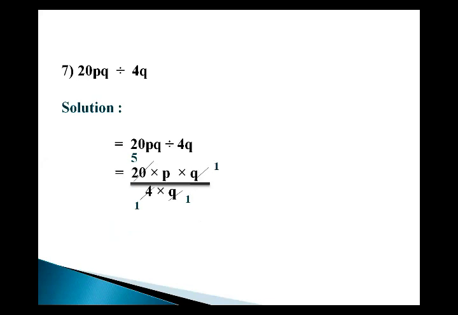Okay, so the answer is 5p. 5 into p or 5p both are same. So the simplified answer of this question 20pq divided by 4q is equal to 5p.